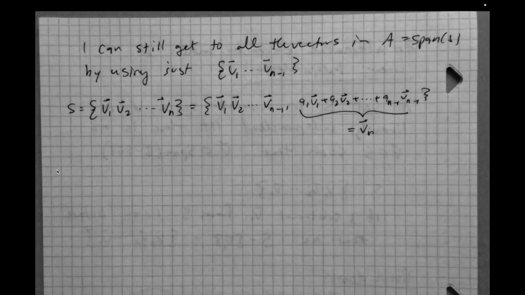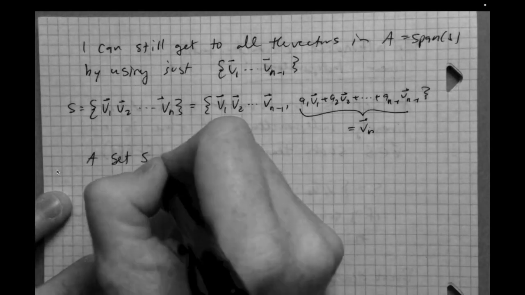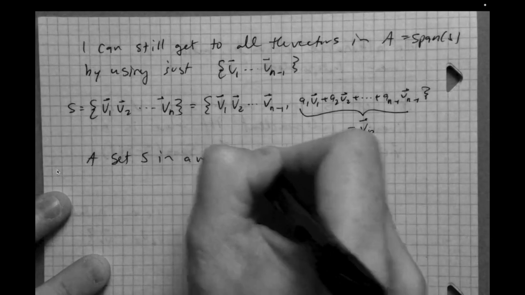Hopefully that's clear. So including Vn in S is redundant if I can write it as a linear combination of the other items in S. And so that's where that definition came from.